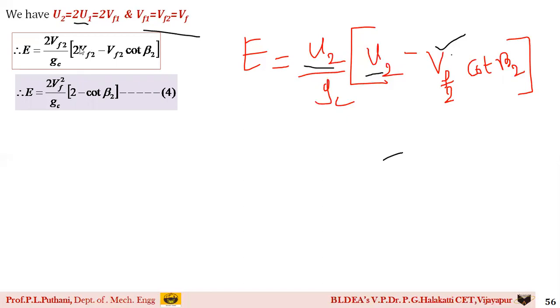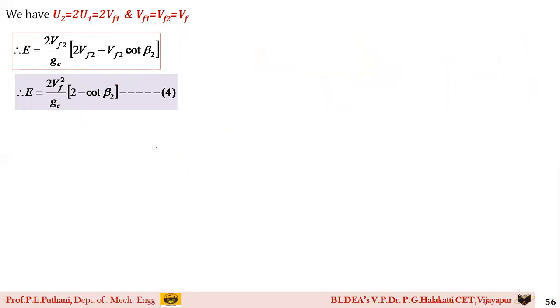Here I am taking this vf2 as common, which becomes 2vf2 square, and this again satisfies the condition that vf2 is nothing but equal to vf itself. So directly I have written 2vf square here. Therefore our equation number 4 is 2 into vf square by gc into 2 minus cot beta 2.